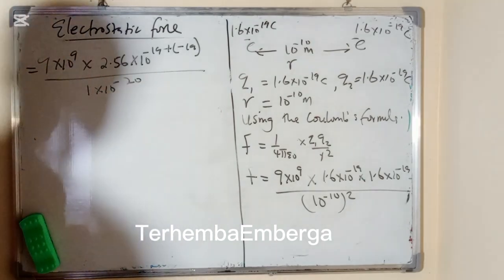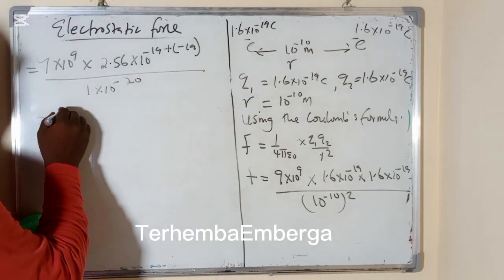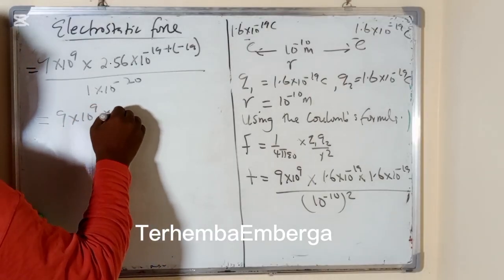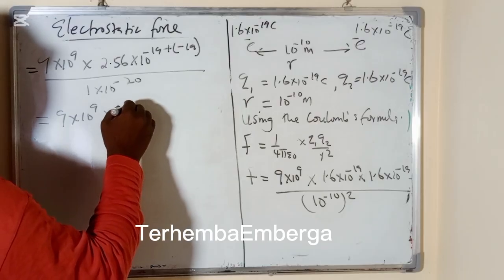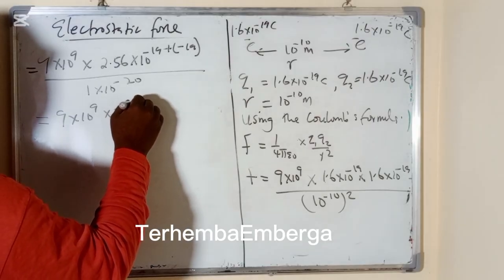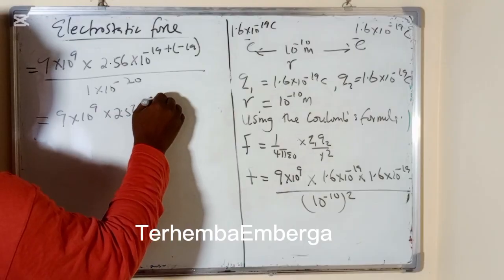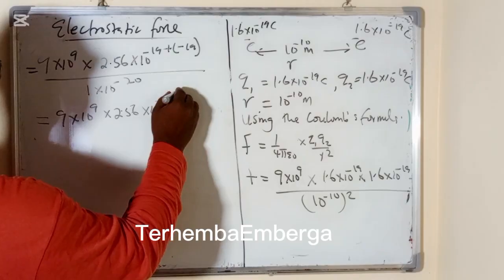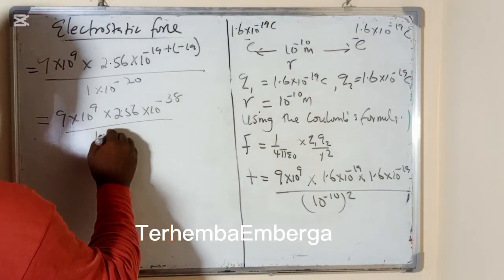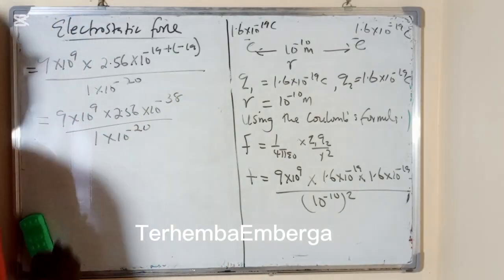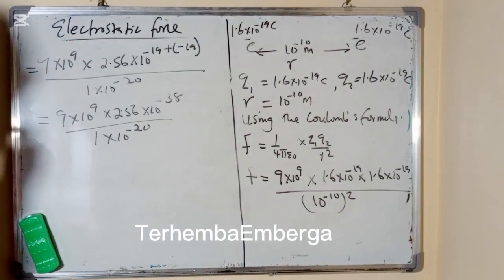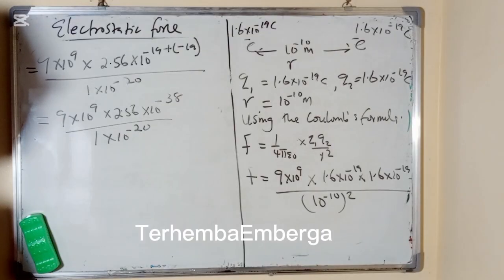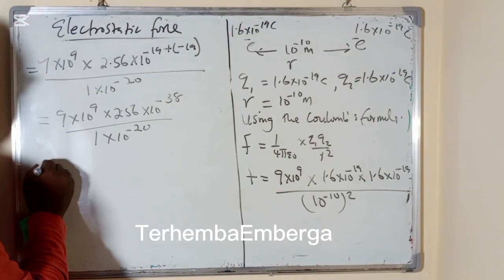So looking at this, we can express this as 9 times 10 raised to the power 9 times 2.56 times 10 raised to the power minus 38, divided by 1 times 10 raised to the power minus 20. So what we need to do is multiply 9 times 2.56, which gives us about 23.